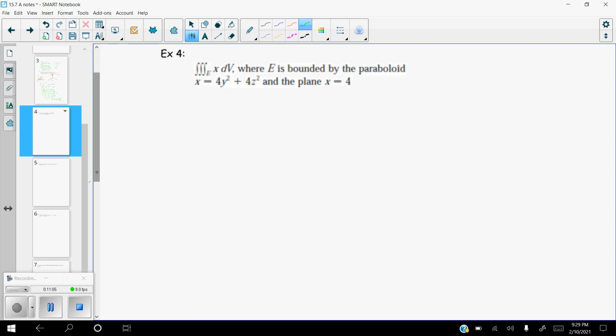Okay, so we do have an x in there as our rho. That's basically our density function. And E is bounded by the paraboloid, which is defined as x equals 4y squared plus 4z squared, and the plane x equals 4. So if you can remember how to do this, let's sketch what this looks like.